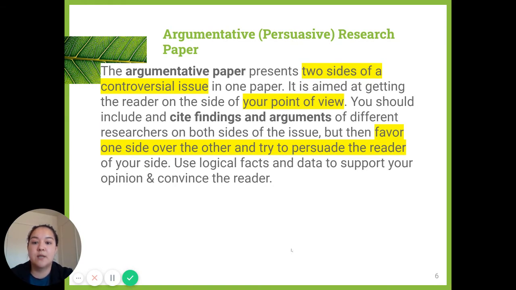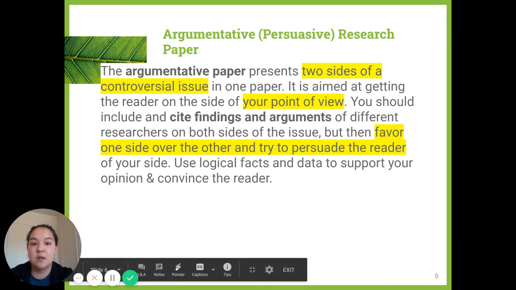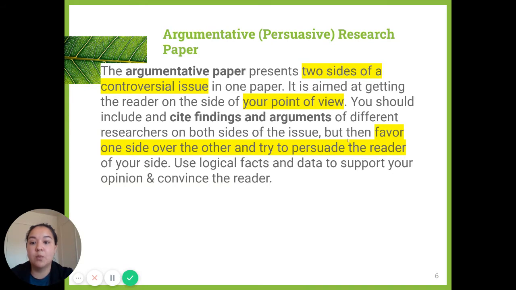You should include findings and arguments of different researchers on both sides of the issue, but then favor one side over the other and try to persuade the reader of your own side. Use logical facts and data to support your opinion and convince the reader.